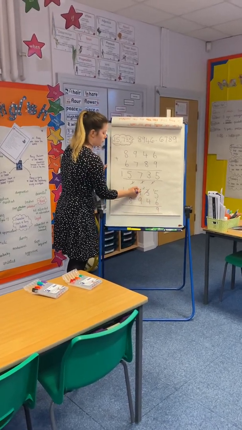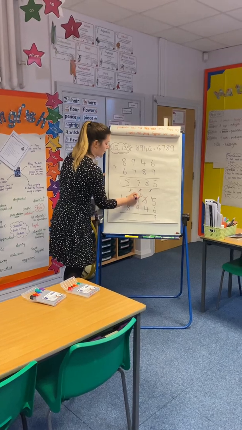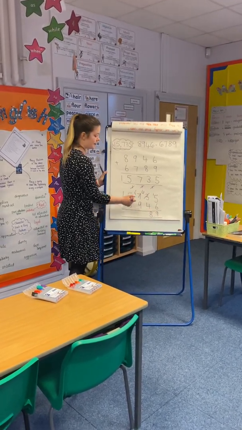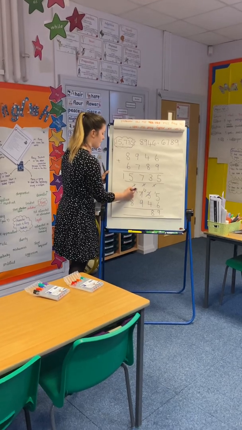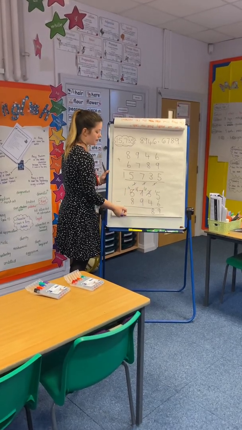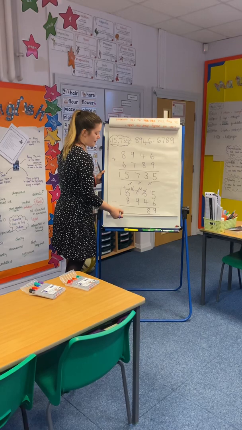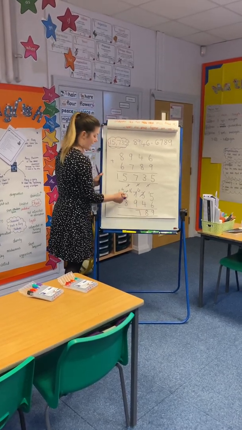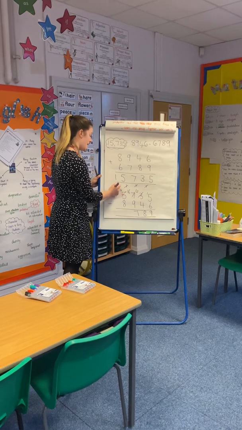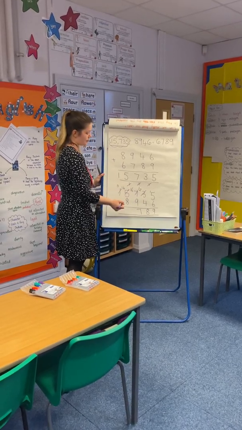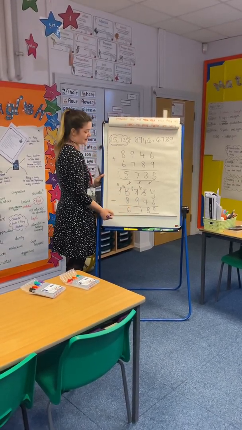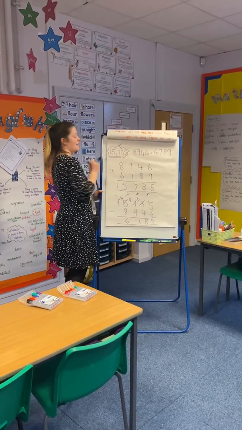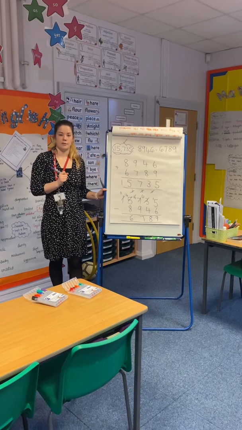I can't do 2 take away 4, so we take 1 from the hundreds. 12 subtract 4 is 8. Can't do 6 subtract 9, take 1 from the thousands. 16 take away 9 would be 7. And then we can't do 4 take away 8, so take from the 10,000s, and 14 take away 8 would be 6. So we can see that our two answers match, which means that I've got the correct missing number.